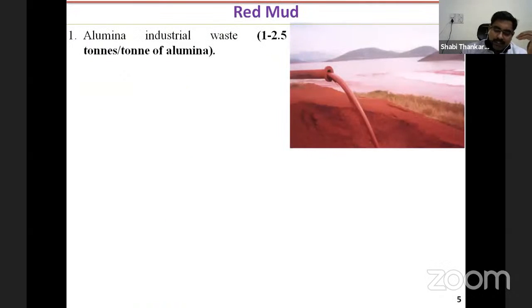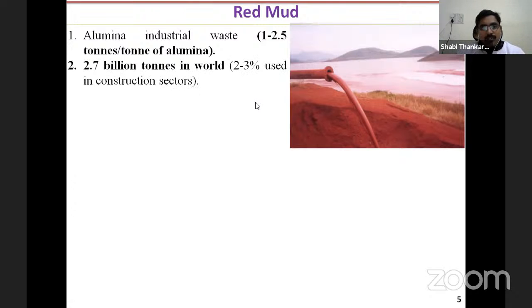But we know that there are wastes which also have a lot of high Z material, for example red mud. This is an alumina industry waste. Whenever they produce 1 ton of alumina, they produce 1 to 2.5 tons of this waste, red mud. If you go for aluminium, then for 1 ton of aluminium they produce 6 tons of red mud.